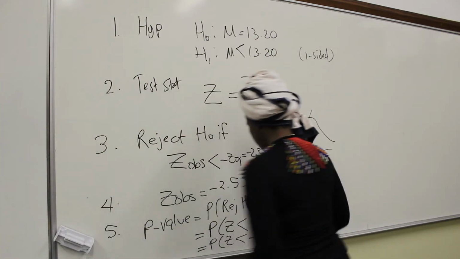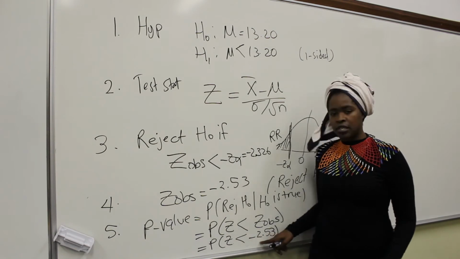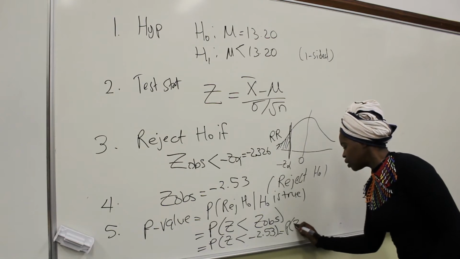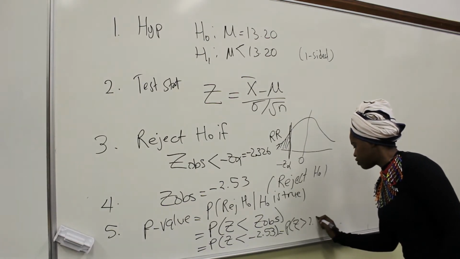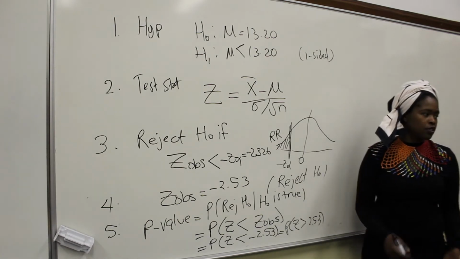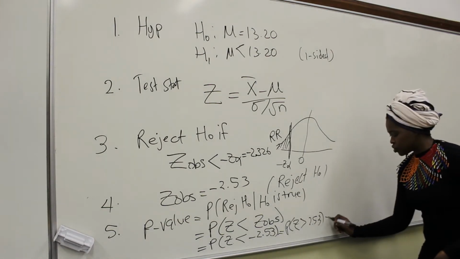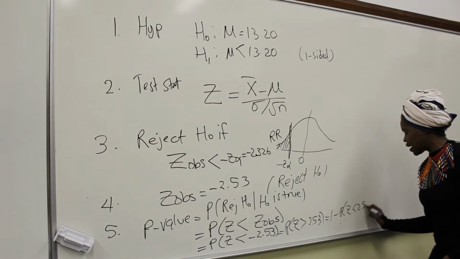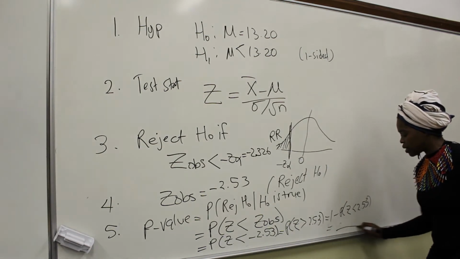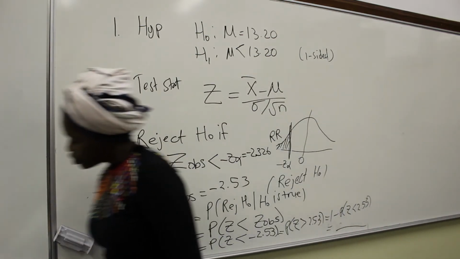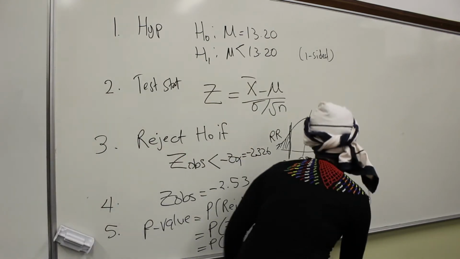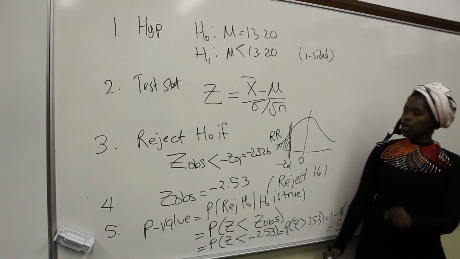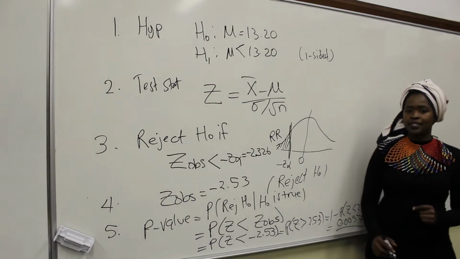And then obviously, you can't get the probability of a negative number, so you'd have to change this to the probability of Z being greater than 2.53, and you can't get the probability of Z being greater than a value, therefore you have to change this to 1 minus the probability that Z is less than 2.53, and you get the p-value number. I think they got 0.0057.